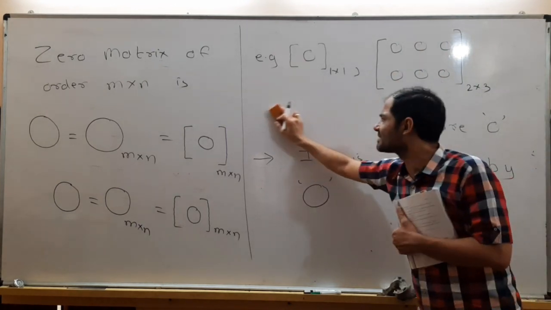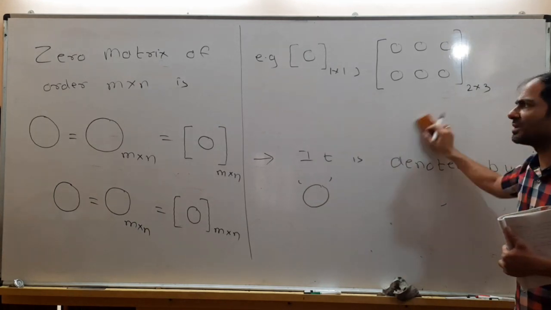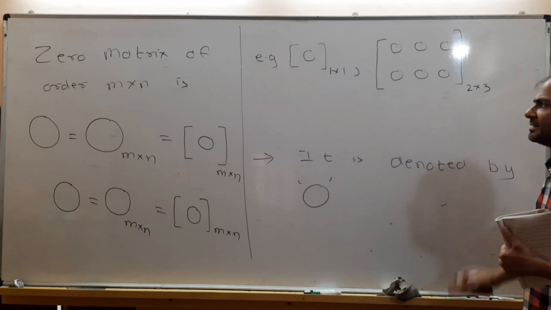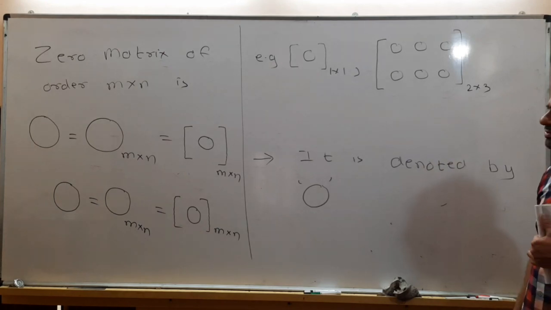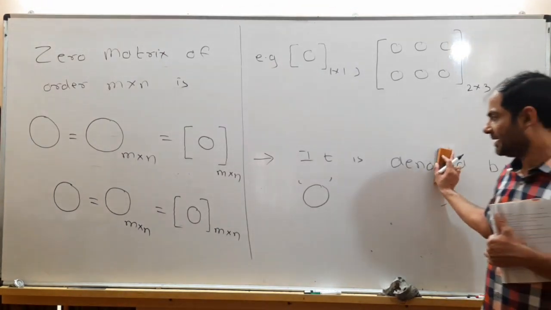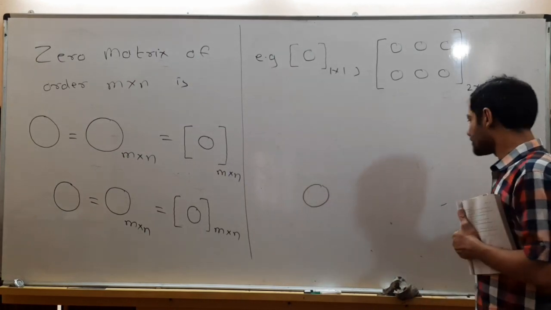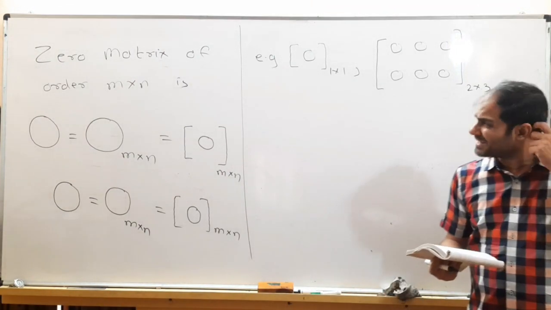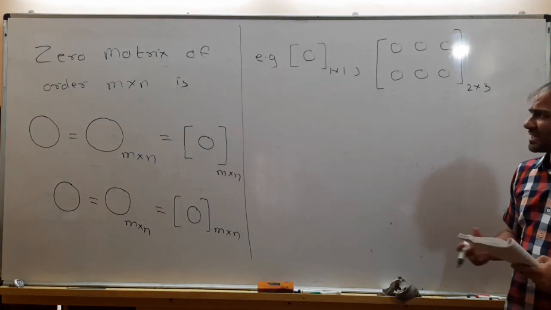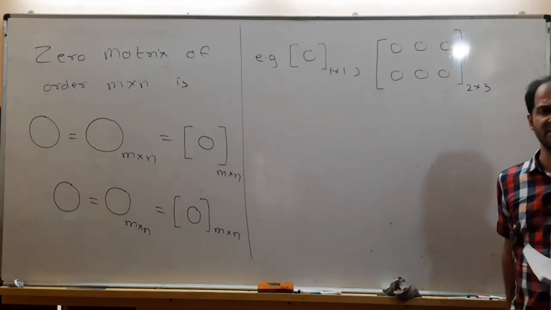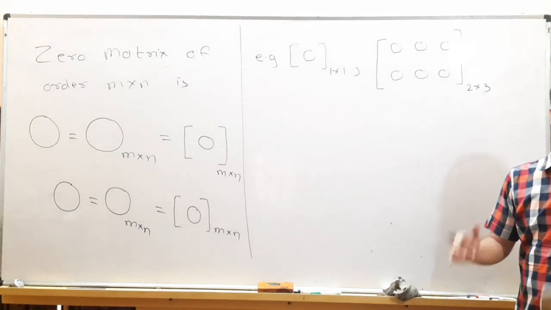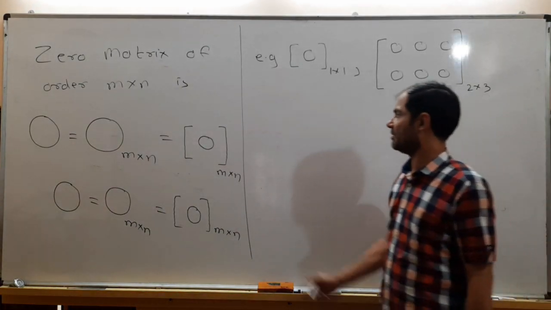I hope this is sufficient to understand what a zero matrix is. You should not take much tension about it. It's very simple. The name suggests zero matrix: all elements are 0 and it can be of any order.